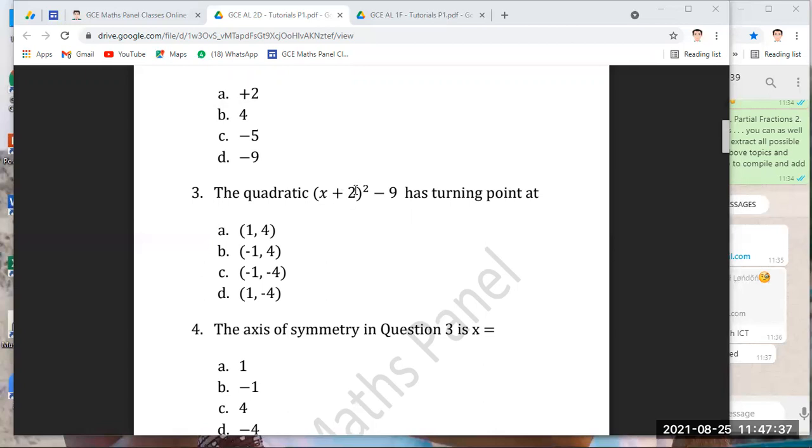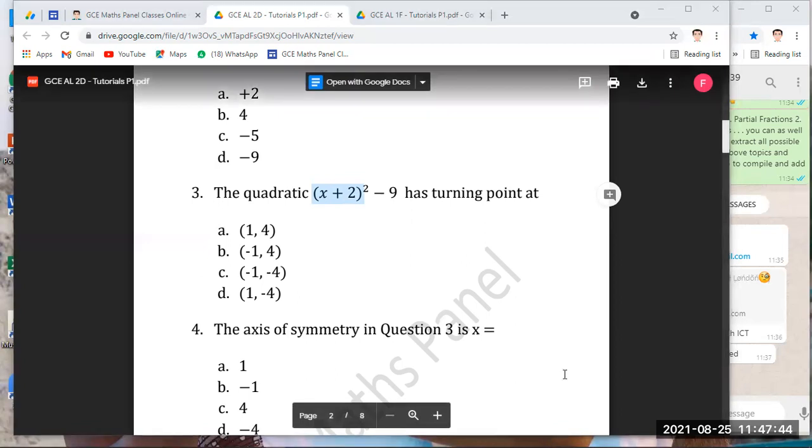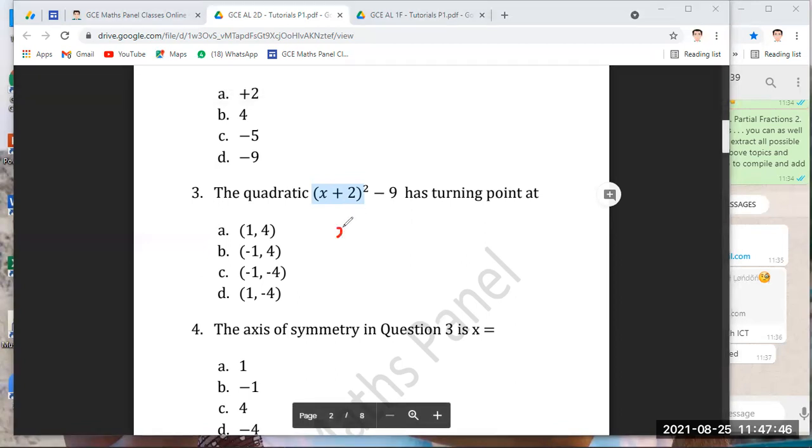For us to have that turning point, we equate what we have in brackets here to 0. And this will give us x to be equal to, Roger, are you there? Yes, I'm there. -2 and y to be equal to -9.